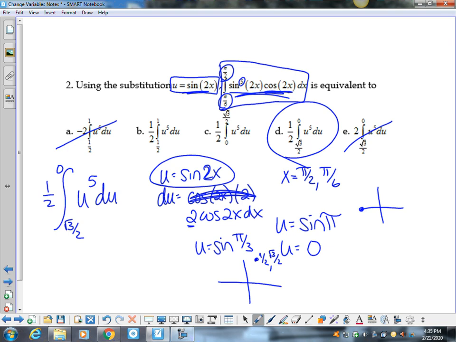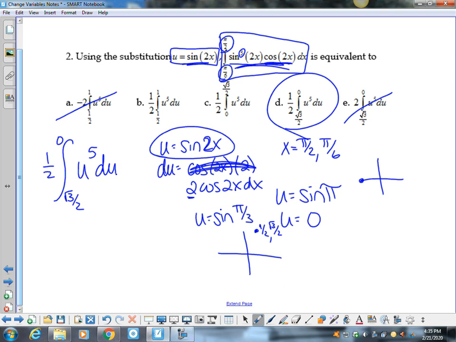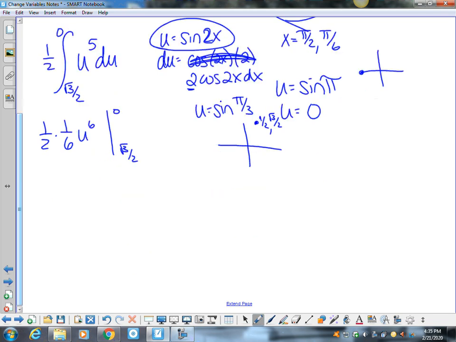And if I was going to integrate this, then I never go back to x's. And then I would just clean it up from there. But you don't ever plug your x's back in because you have changed over to u's.